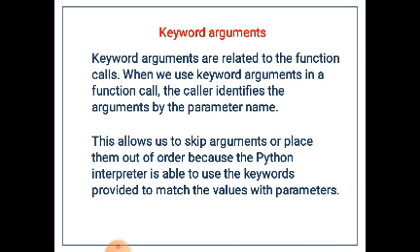These are the arguments which are identified using the keywords. That's the name there, keyword arguments. It is also called the parameter name. So the Python interpreter can identify the name given in the list.